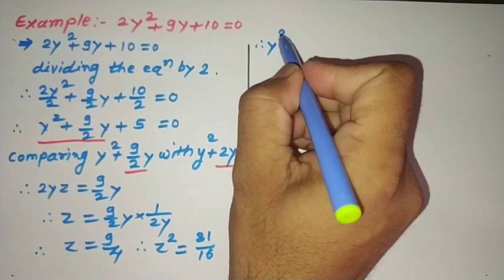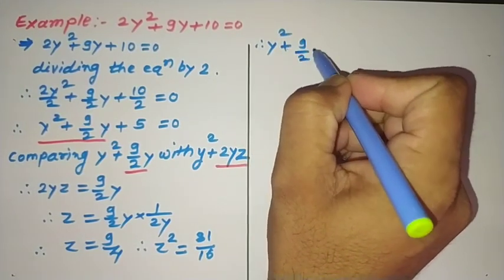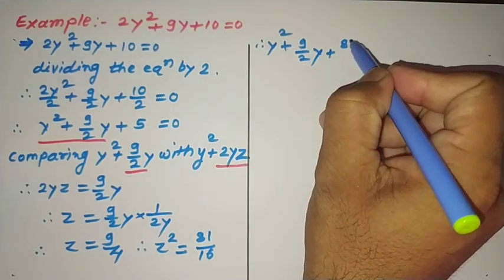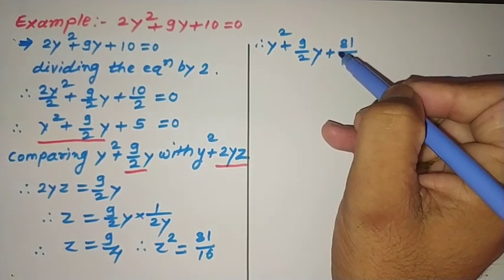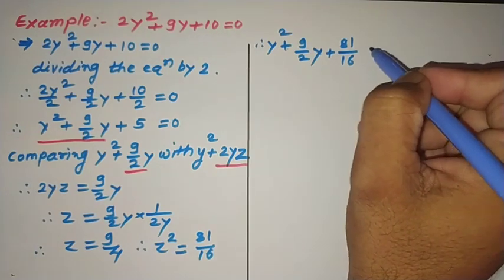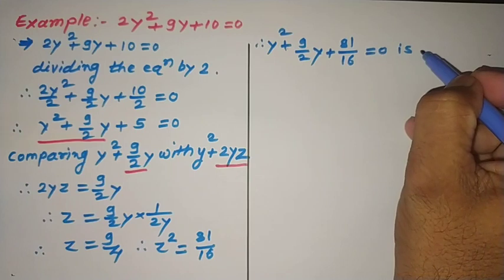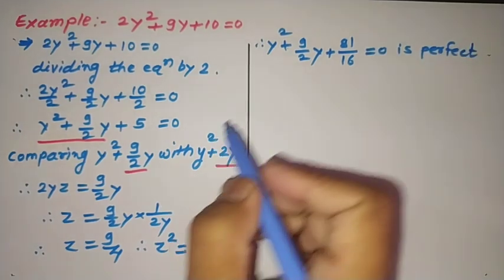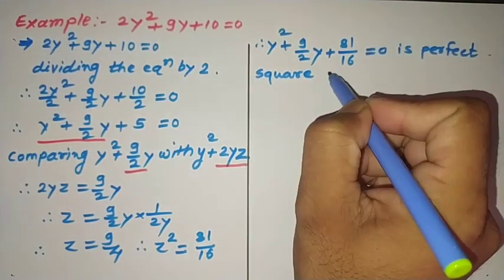Therefore y square plus 9 upon 2y plus 81 upon 16 is a perfect square trinomial.